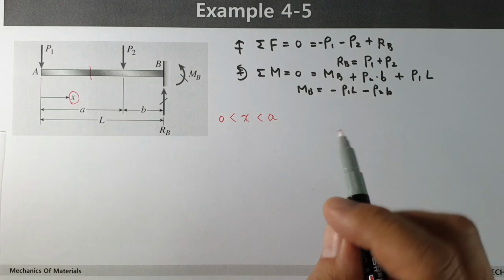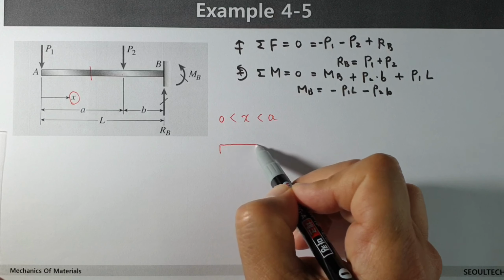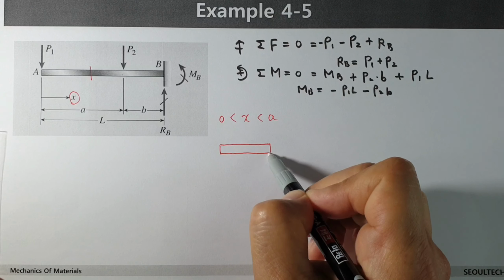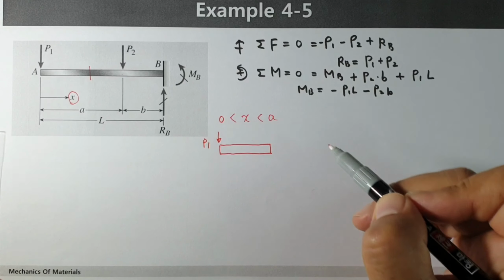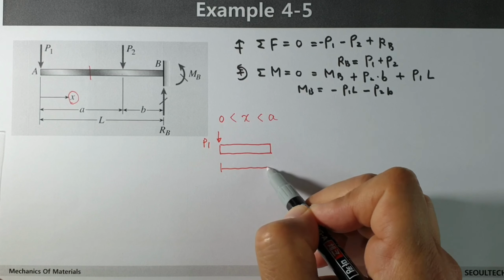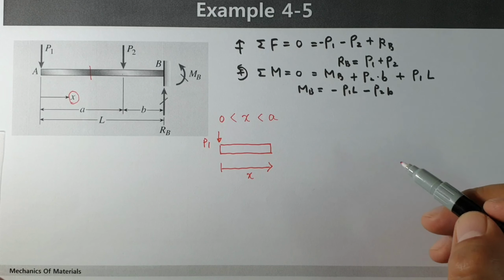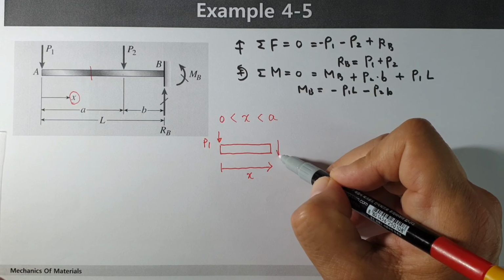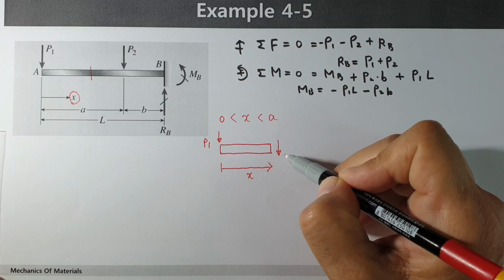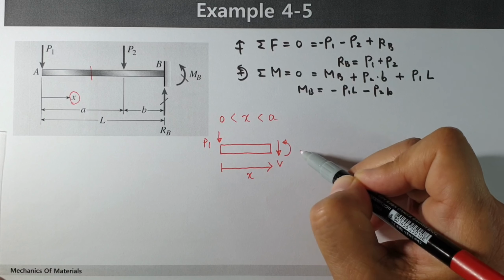When you cut there, the free body diagram is like this. Let's say this one is P1, and this distance is x. We draw downward direction as positive. Let's say this one is V, this one is M.